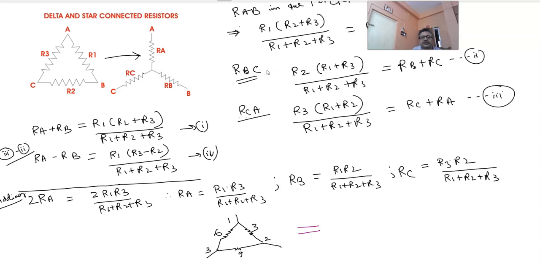Delta. You can see that delta should be converted to star. How? This will be equivalent to what? That I am going to show you. This one remains 1. This link will remain 2. This link will remain 3.